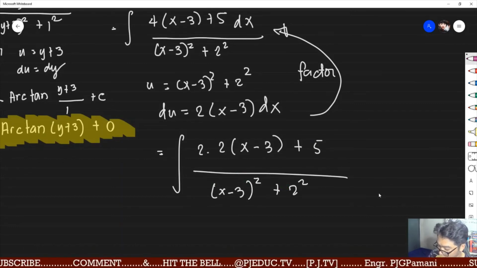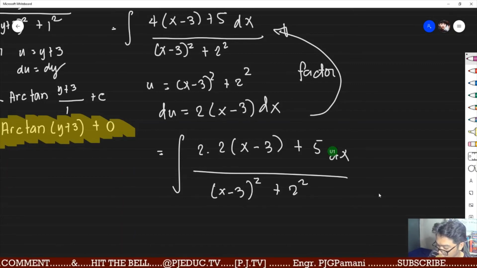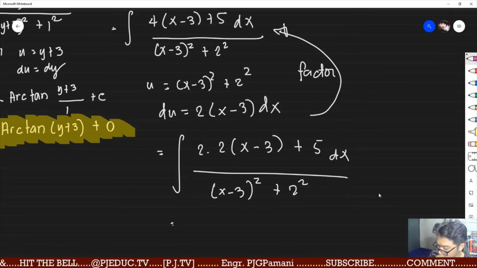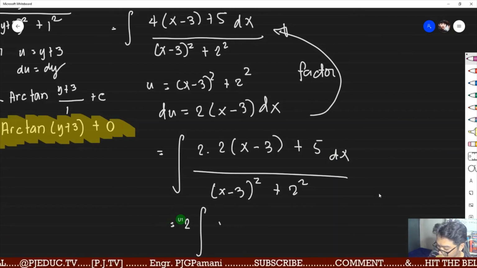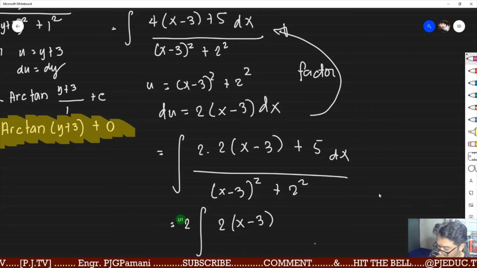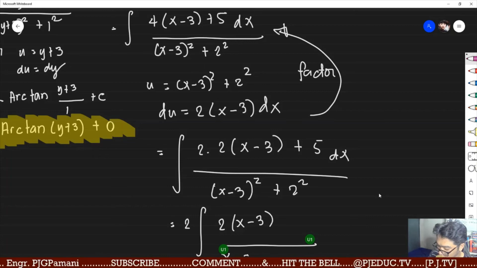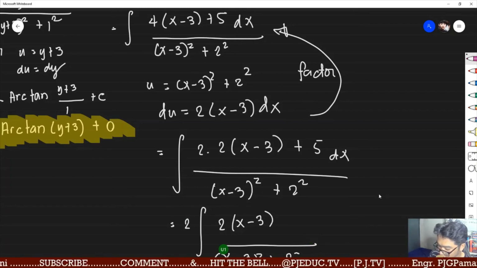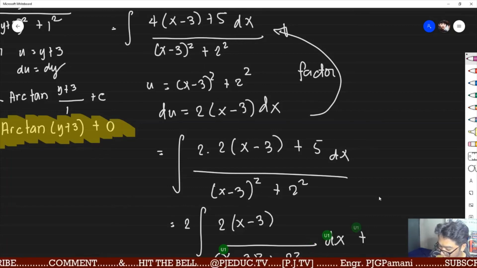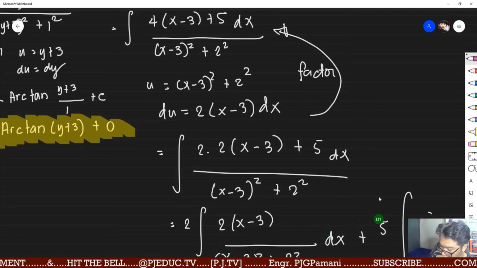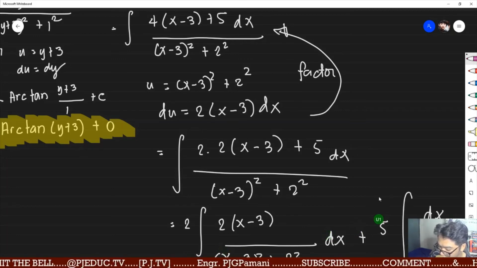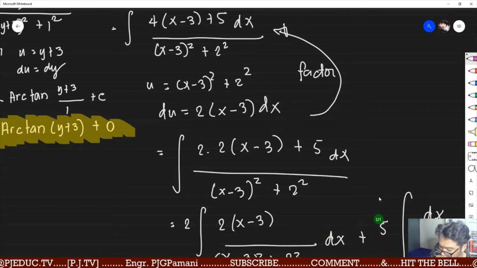Diba? Dx. So, kung ganon, labas lang natin yun. That is 2x minus 3 over x minus 3 squared plus 2 squared dx plus 5 of dx over x minus 3 squared plus 2 squared.